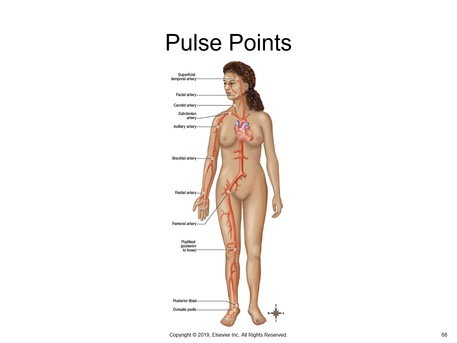The posterior tibial artery is located near the ankle. That one is used to evaluate foot circulation. And then the last one is the dorsalis pedis artery found on top of the foot. That one's another key pulse point for assessing peripheral circulation.